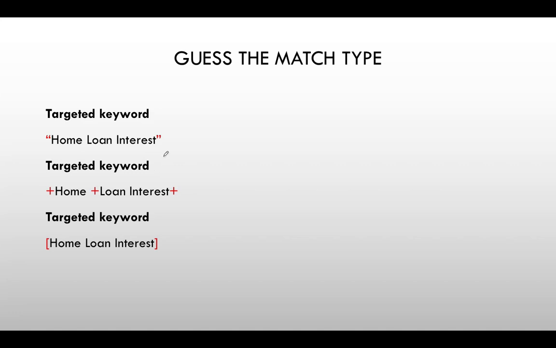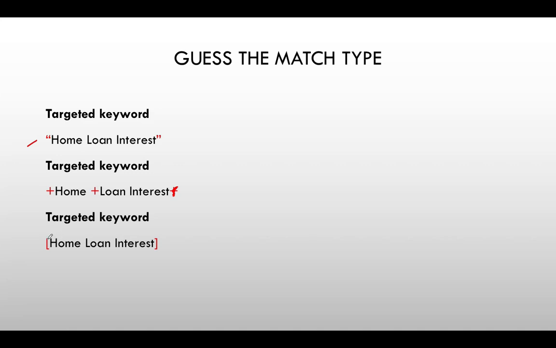So the first keyword contains double inverted commas before and after the keyword, right? So this is phrase match. The second one contains a plus sign before the words, so this is a modified broad match.